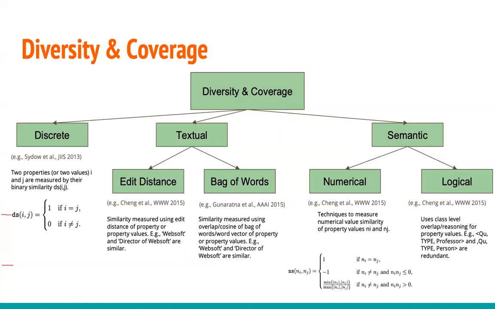For example, if we take two triples, type professor and type person, they are going to be redundant because we know from the ontology that professor is a subclass of person, so they are really related and similar. Selecting those two triples may not improve diversity, but actually negatively affects diversity and coverage.